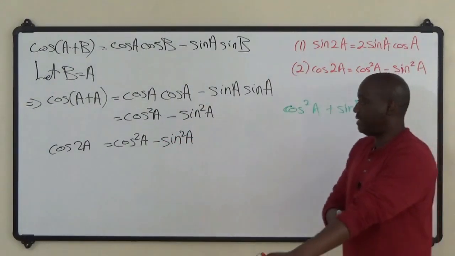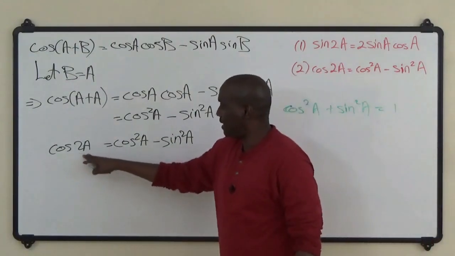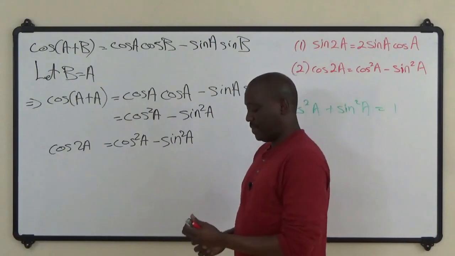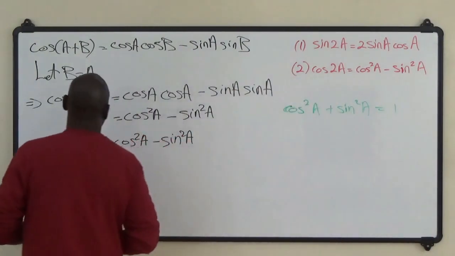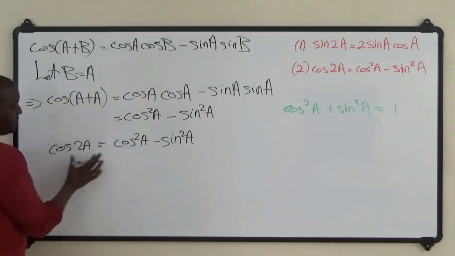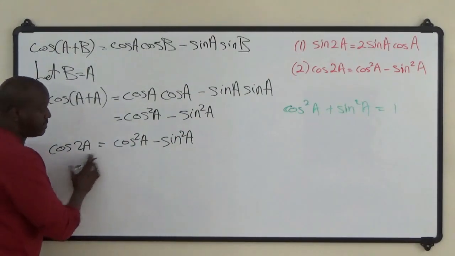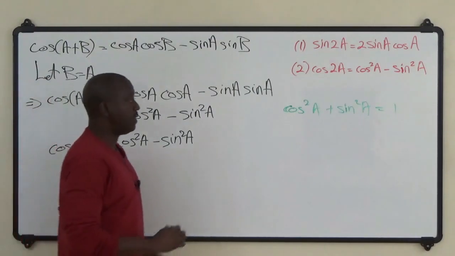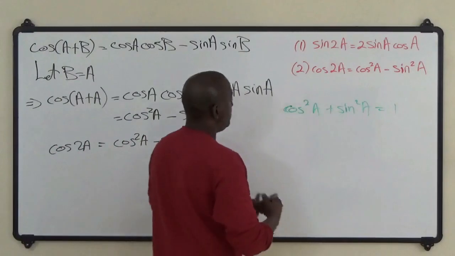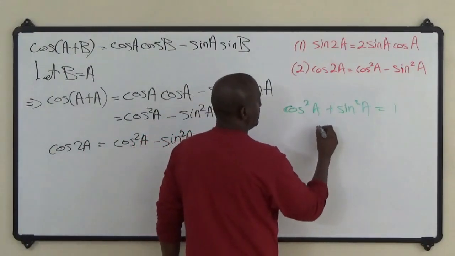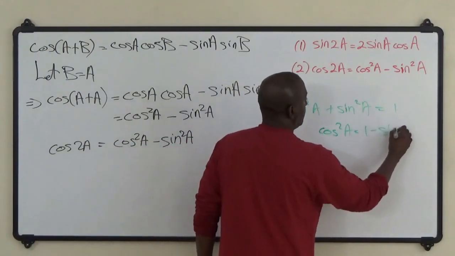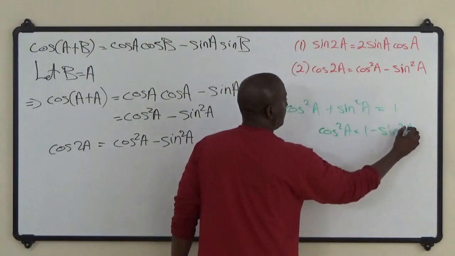So what we have here is cos 2A in terms of cos squared A and sine squared A. We can, however, express cos 2A in terms of cos squared A alone, and we can express cos 2A in terms of sine squared A alone. How do we do that? We go back to our good friend here. From this equation, we make cos squared A the subject of the formula, and we can say that cos squared A is equal to 1 minus sine squared A.